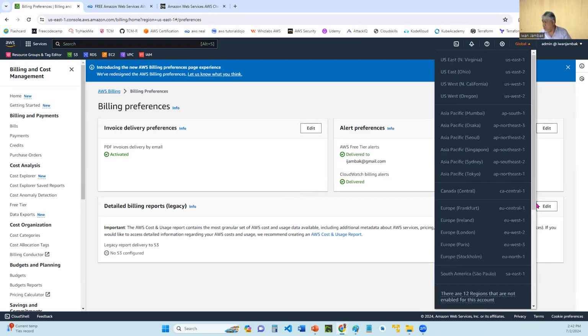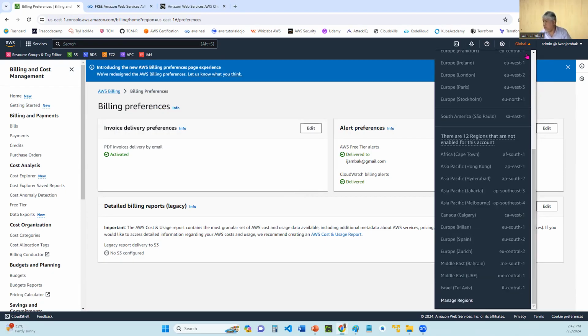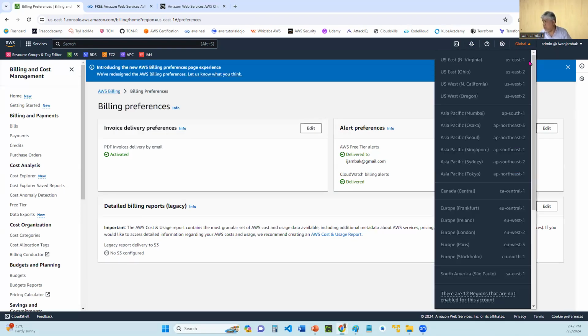I don't know if this is an update. When I first used billing, I had to choose, it was not global, and I could only choose this one. The rest were not available, they were gray like this. Now I think they have made it automatically global.